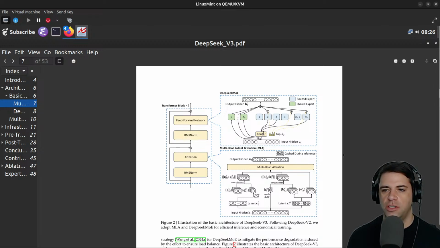And then there's some routing stuff. I'm not quite sure what a shared expert is, but they do this mixture of experts thing where they also have a bounded number of devices that will receive each token. But essentially, the model is distributed among experts, so different experts can run on different GPUs. And different layers also run on different GPUs, which is essentially just a way to parallelize the model.